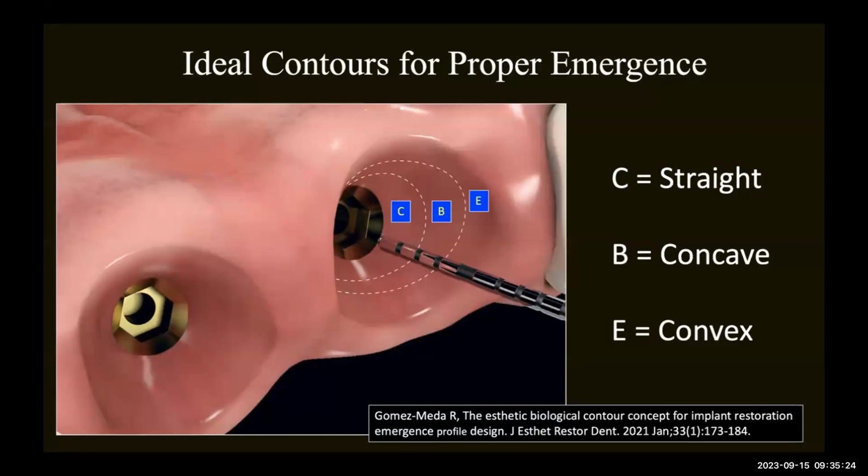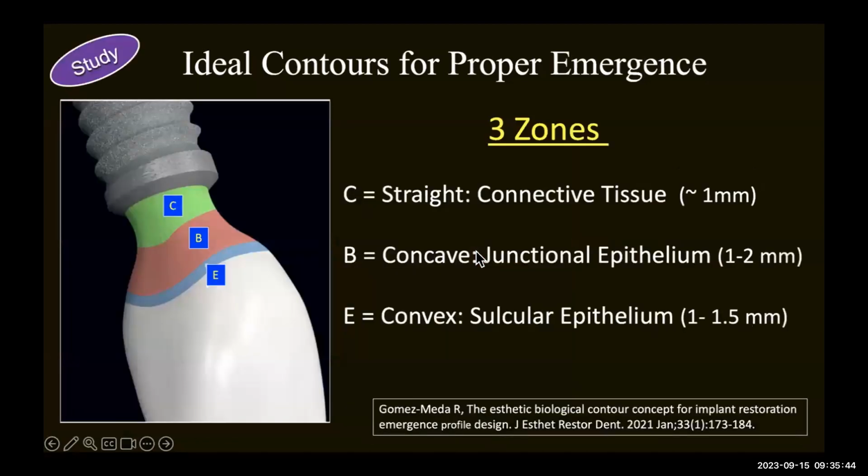So a couple of years ago, Gomez further looked at this critical contour area, and he came up with 3 different zones. The C zone is straight, the B is concave, and the E is convex. Now, what does that mean?